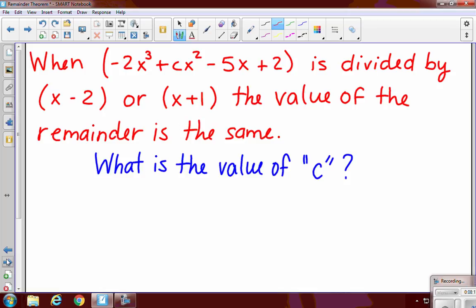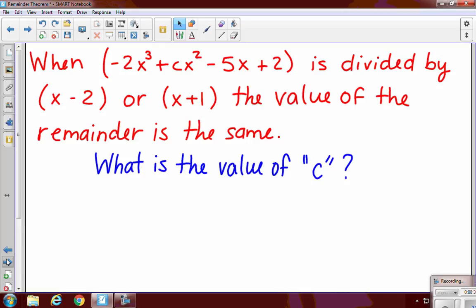One last type of question that's going one step a little bit further. It's saying, when I take this polynomial, negative 2x cubed plus cx squared minus 5x plus 2, and I divide it by x minus 2, or I divide it by x plus 1, I get the same remainder. And now it's saying, what's the value of c?